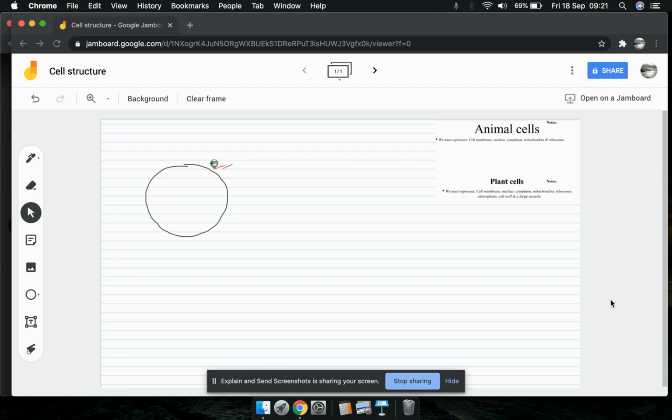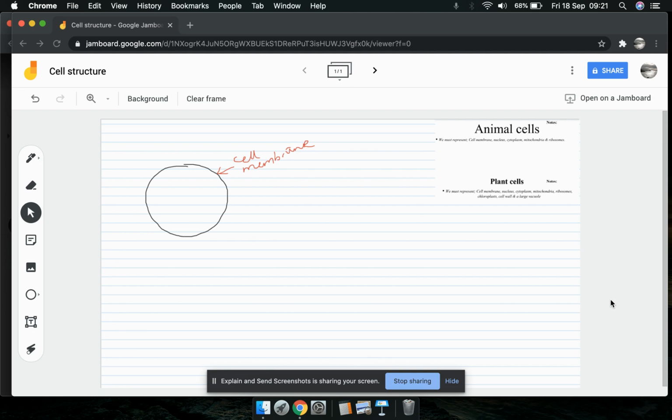So we have the cell membrane, and the cell membrane here provides protection. It provides support, and it is what controls what enters and leaves that cell.